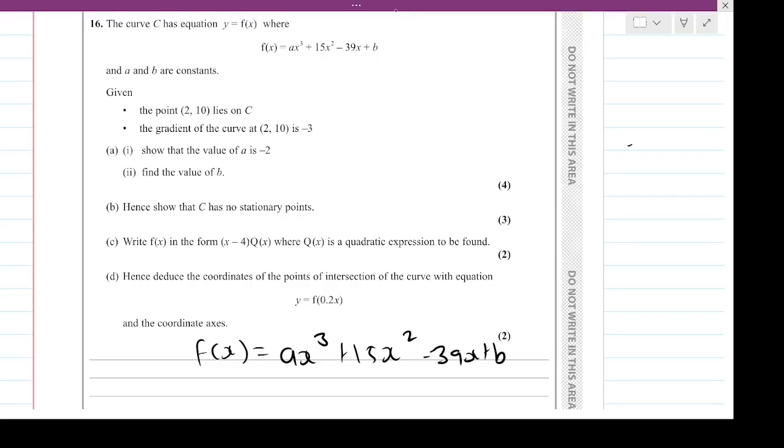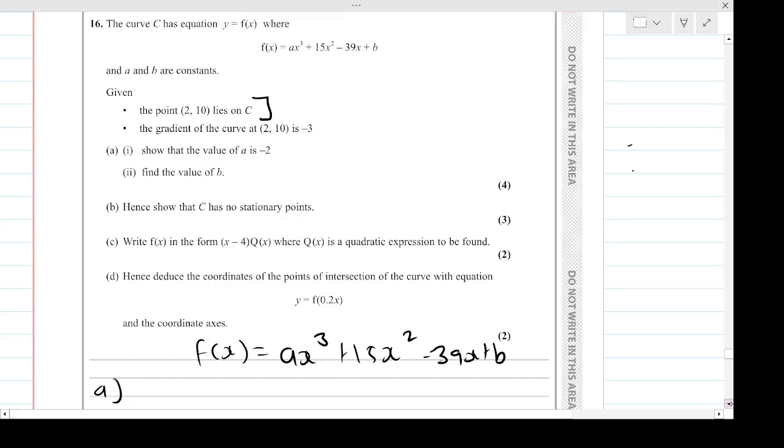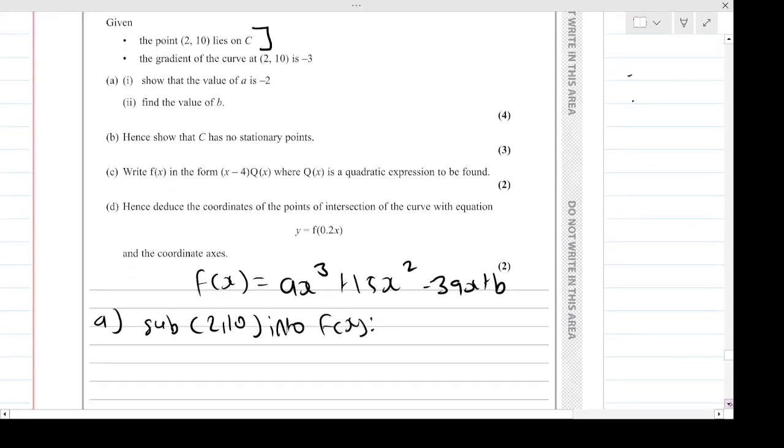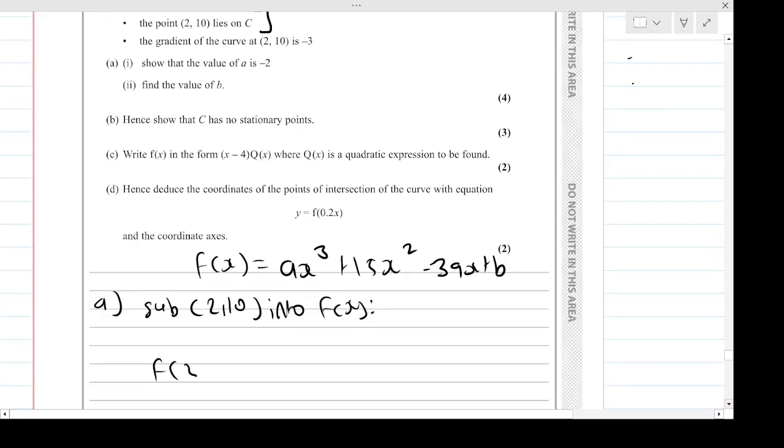So okay, let's just work with these two bullet points in turn. So part A. Well, firstly, we've got the point (2, 10), so I'm going to sub that into f of x. f of 2 is, if I plug 2 in for x, a lots of 2 cubed, add 15 lots of 2 squared, minus 39 lots of 2, add b.